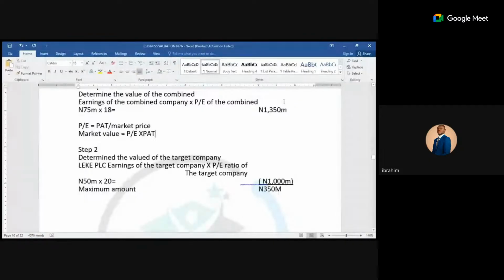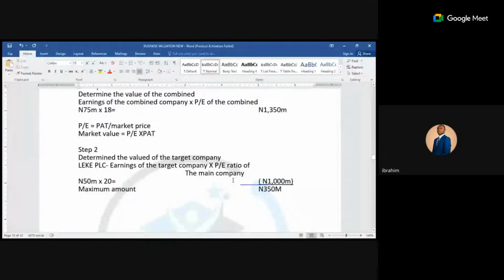That is what we use here, the concept of PE ratio, and we have this given to us. The same thing is applicable to the main company.